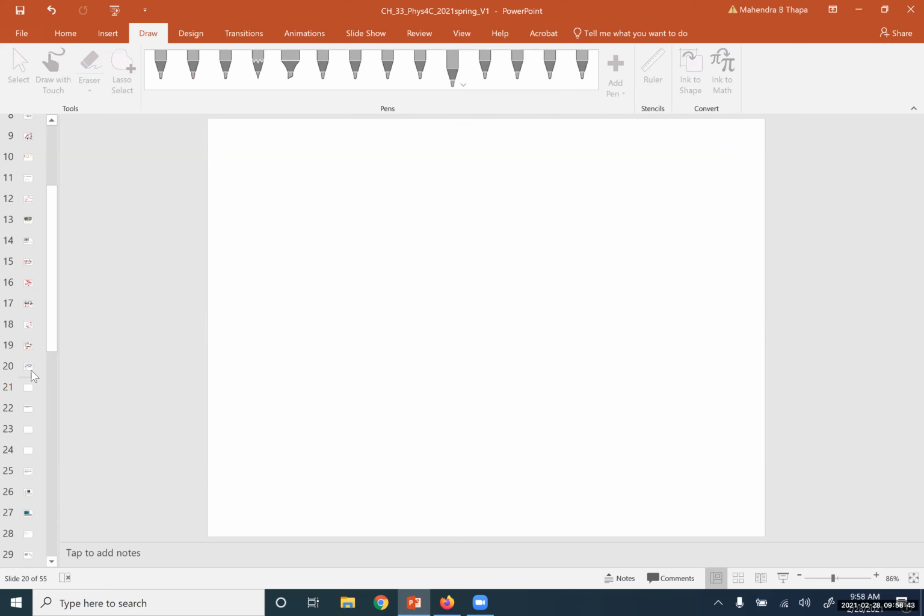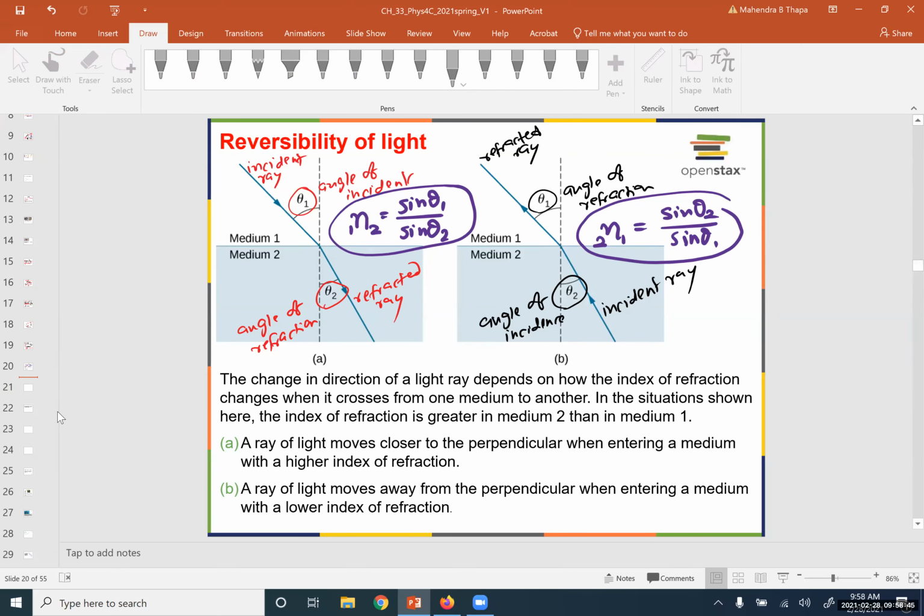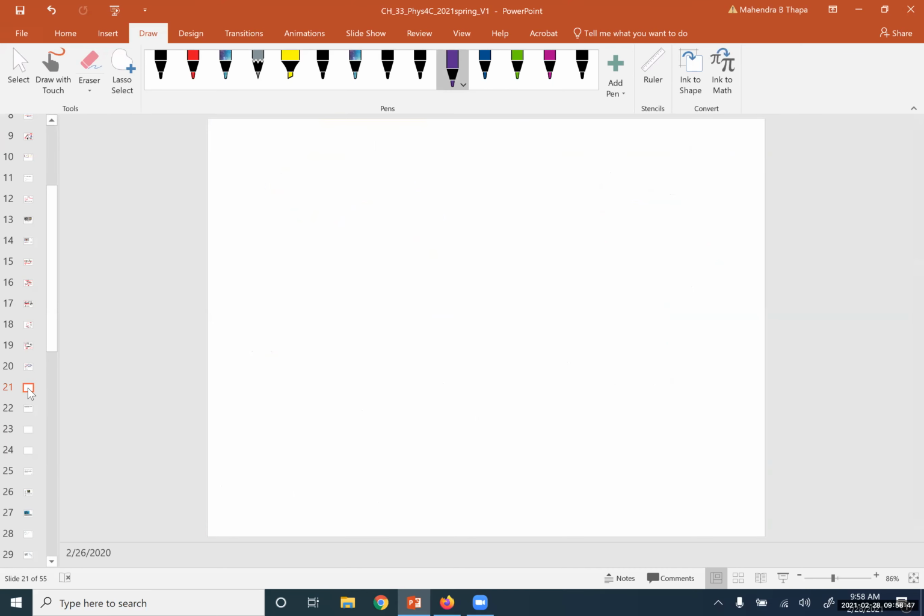The refractive index of medium 2 with respect to 1 is sine θ1 over sine θ2, and for the second picture, the refractive index of medium 1 with respect to 2 is sine θ2 over sine θ1.